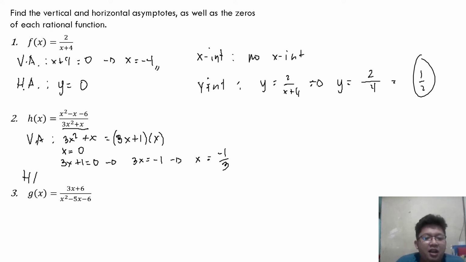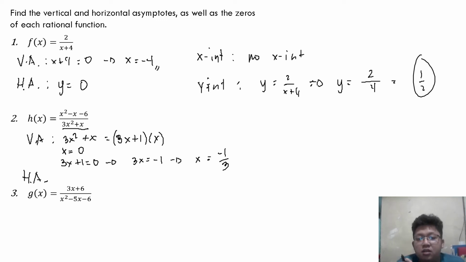Next, HA, horizontal asymptote. Now, we have another rule for this. Tingnan natin, we both have from our numerator and denominator a variable of x which has an exponent of 2.